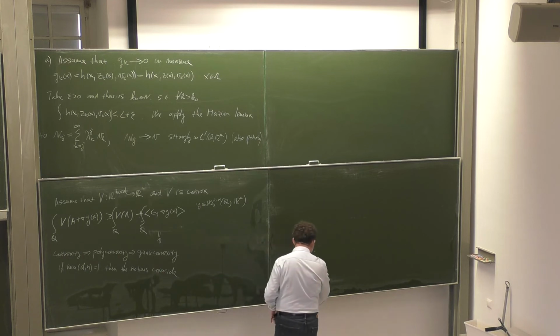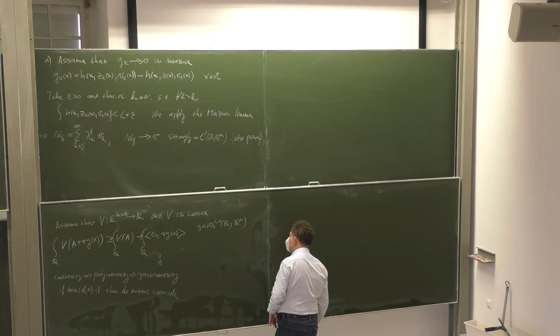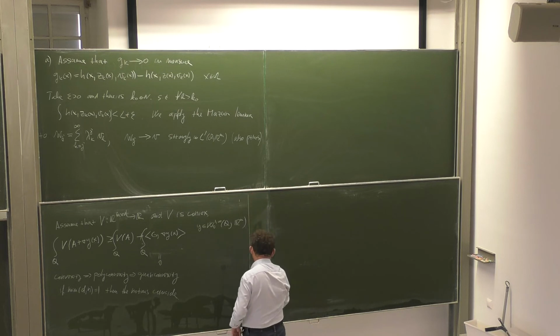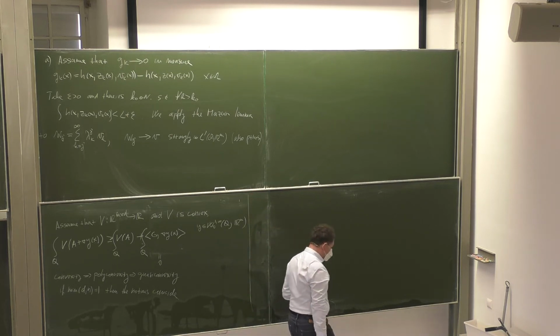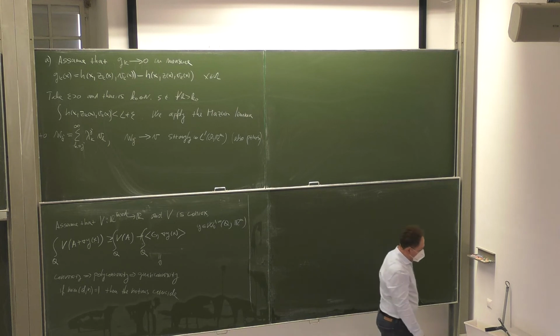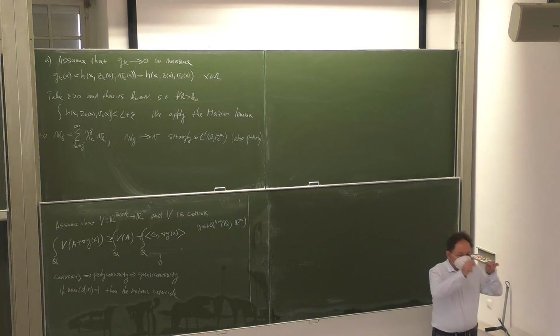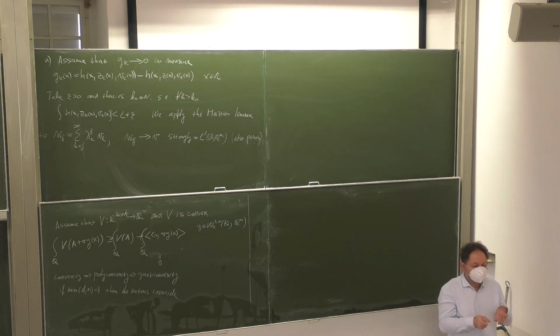Another property of quasi-convex functions is that sometimes it's better if you don't work with fixed boundary conditions like 0, but have something else like periodic boundary conditions.